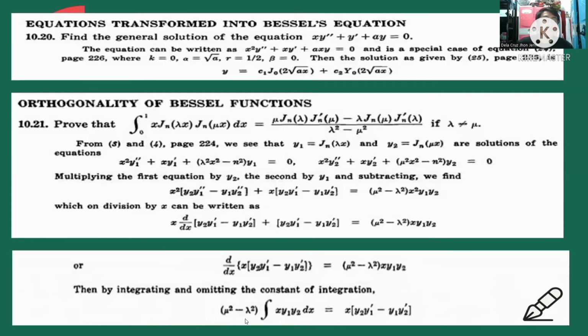Then by integrating and omitting the constant of integration, magiging ganito siya. Quantity ng mu squared minus lambda squared integral x y sub 1 y sub 2 dx equal siya sa x quantity y sub 2 y sub 1 prime minus y sub 1 y sub 2 prime quantity.